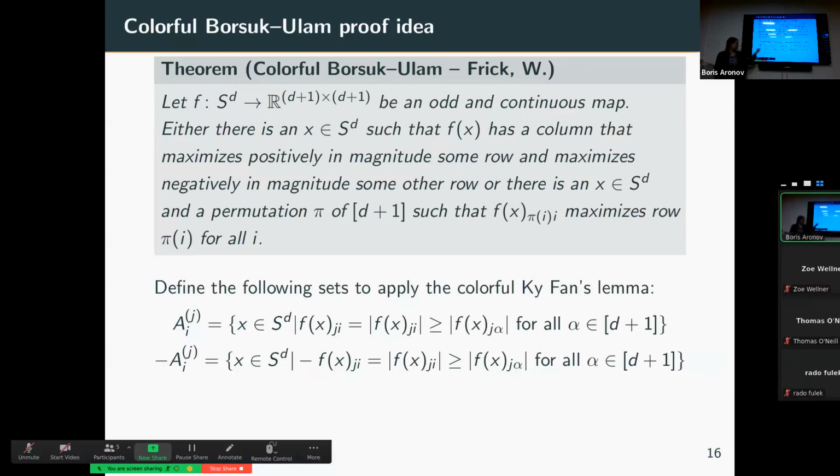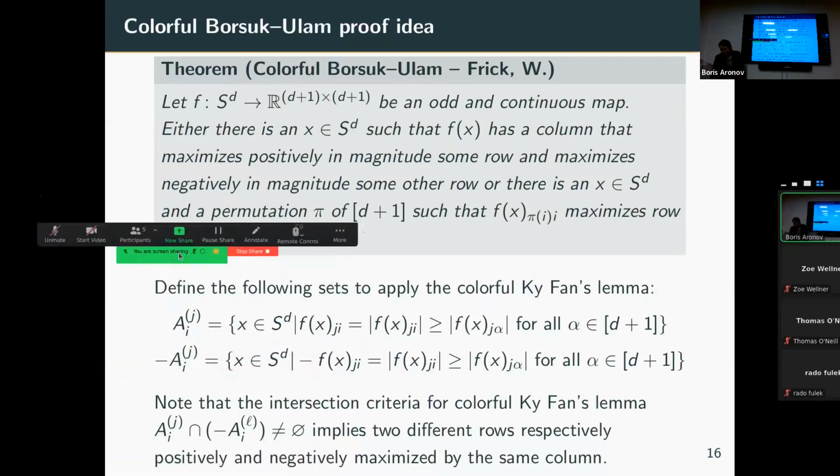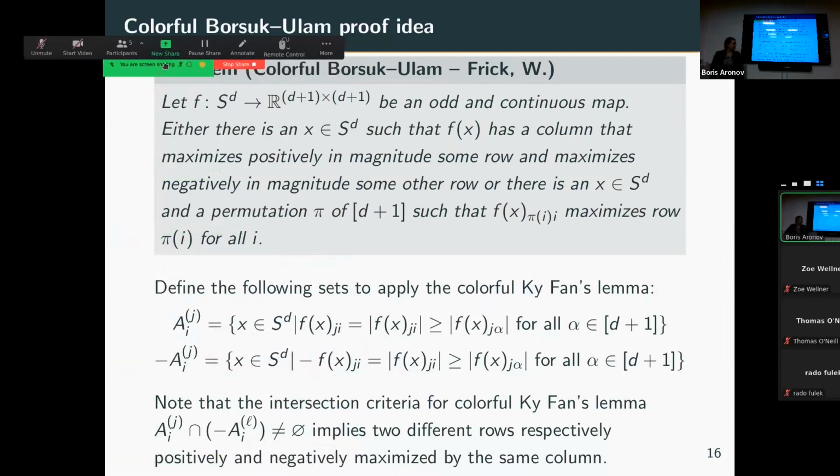And the minus A_ij set is when the jth row is still maximized by the ith column in magnitude, but it has a negative sign. And as we go, that gives us the intersection criteria for our colorful Ky Fan. Have our two different rows respectively maximizing things positively and negatively in our same column.